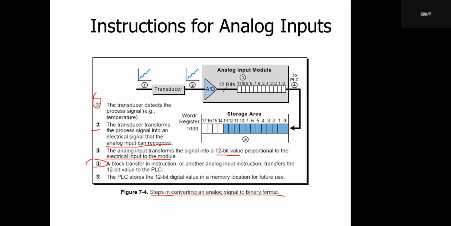Step 4, a block transfer in instruction or another analog input instruction transfers the 12 bits value to the PLC. The PLC stores the 12 bits digital value in a memory location for future use.